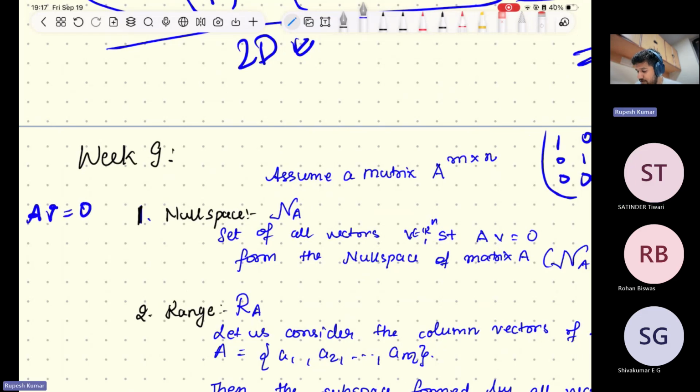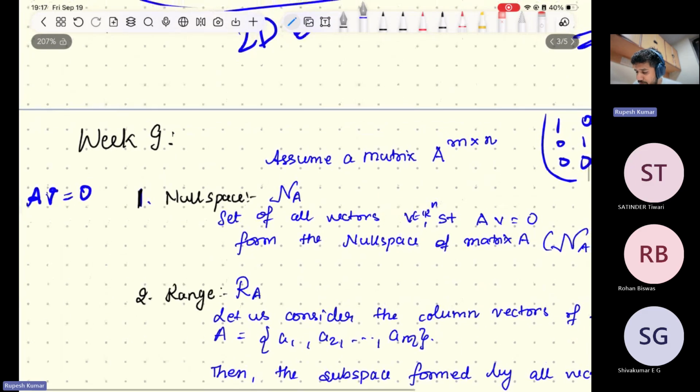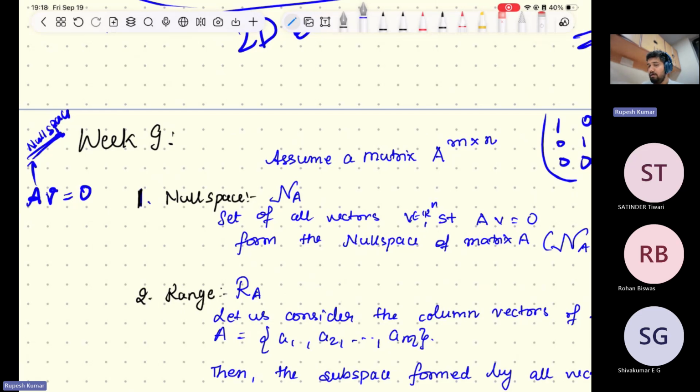Null space is a definition. Let's say you have a matrix A, then we have some quantities defined for the matrix A. One is the null space. You define some quantity, and then you need to give the proper technical properties of what it should satisfy.